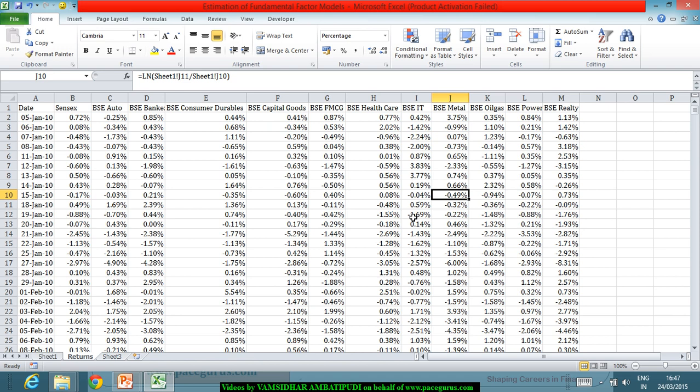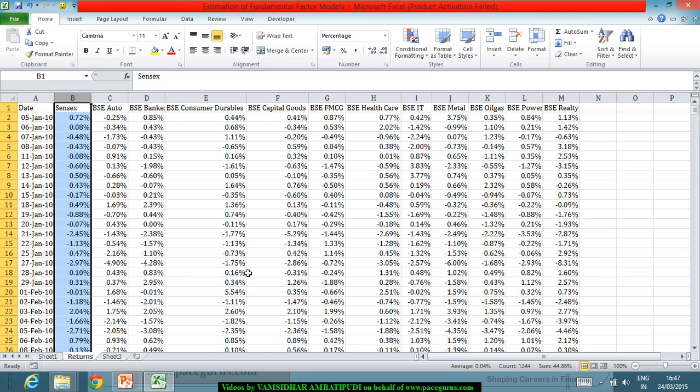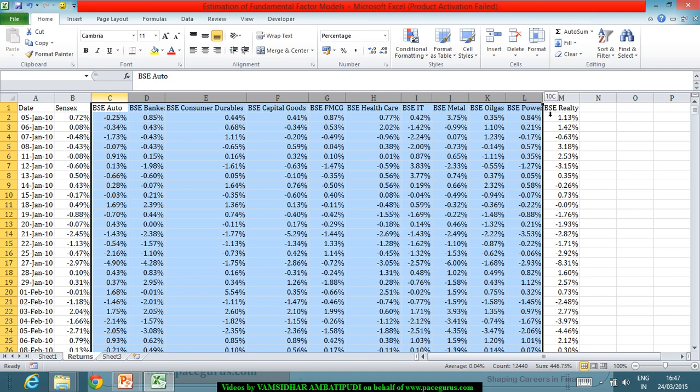Now logically speaking, what is my work now? I want to do a mapping between the Sensex based returns and the returns on the various sectors, right? This is what is the kind of model. I'm using regression to build a multi-factor model.